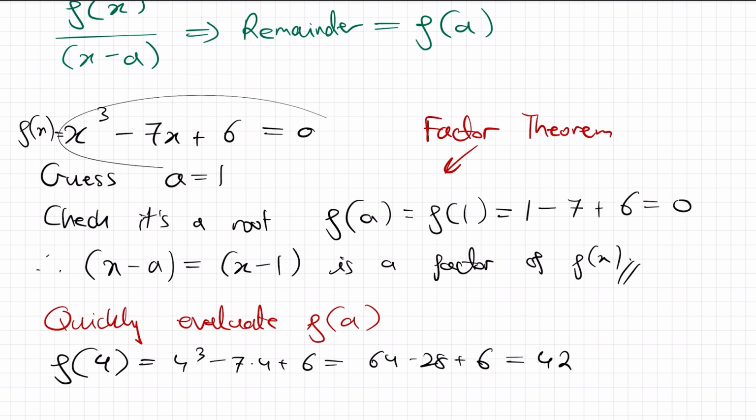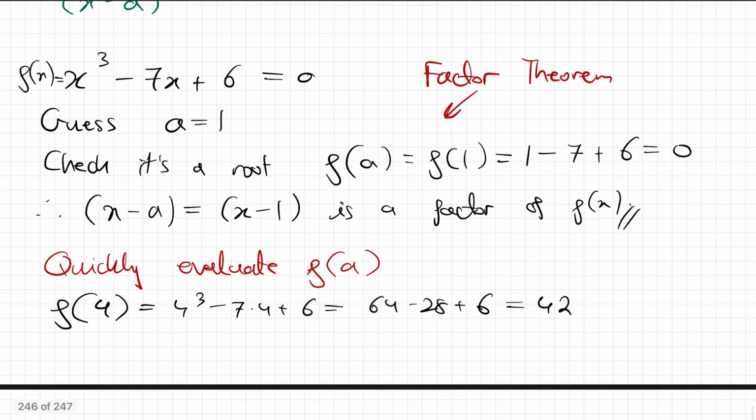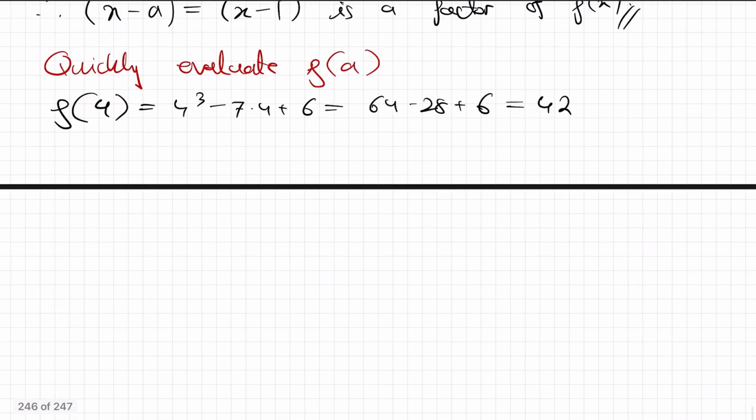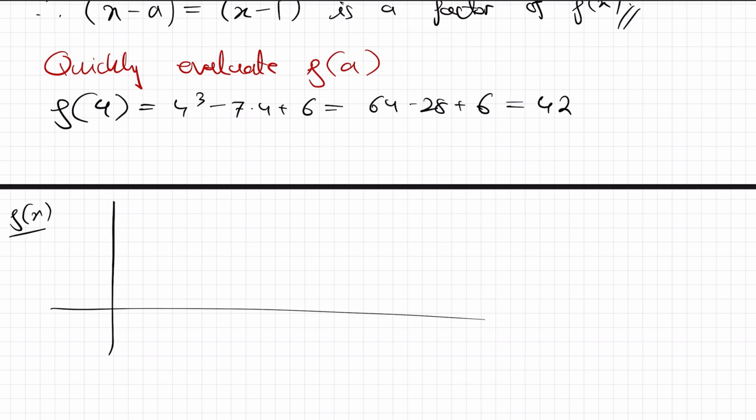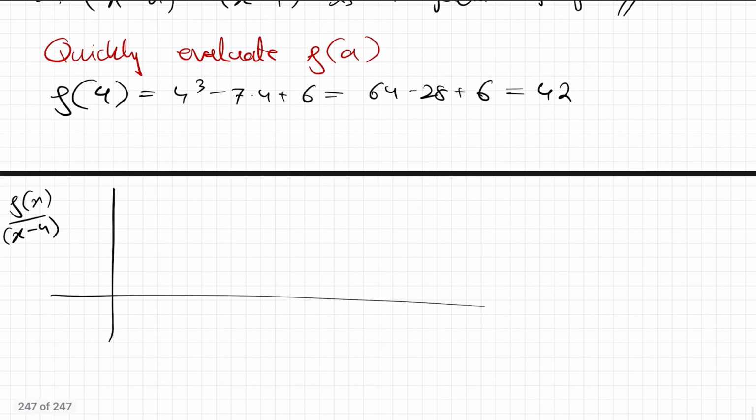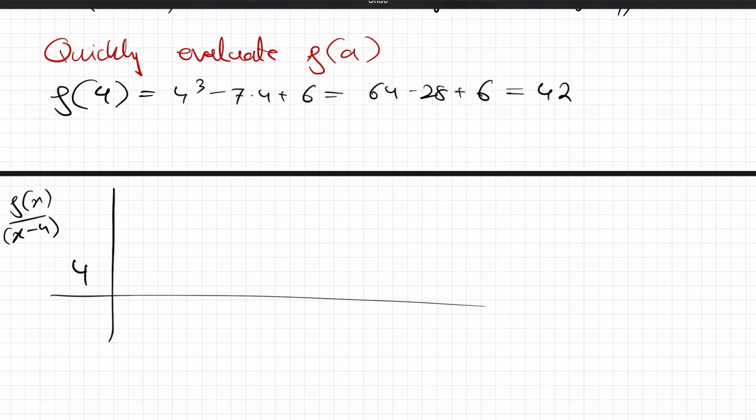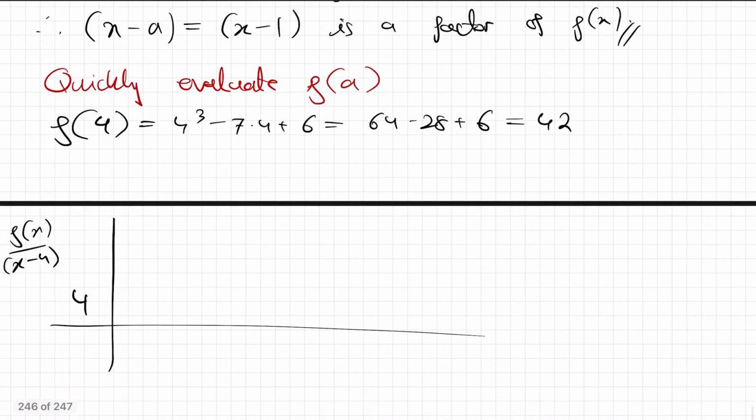So when it's a cubic, this isn't much of an advantage, but I'll show you the method anyway. What we can instead do is use synthetic division. If we try to do f of x divided by x minus 4, then we put a 4 over here as the root, and put the coefficients of the polynomial, so 1, 0, minus 7, 6.